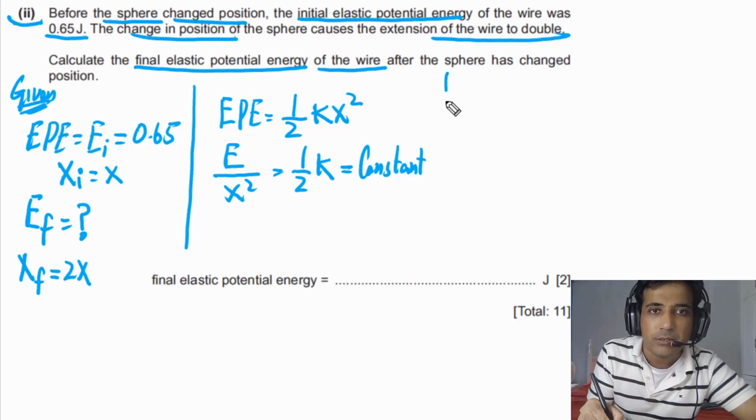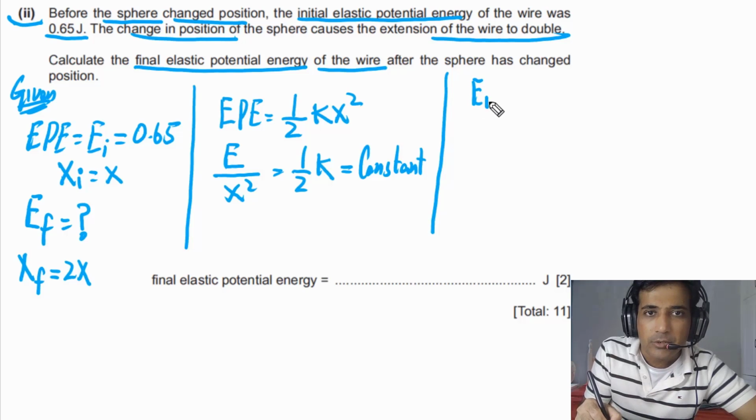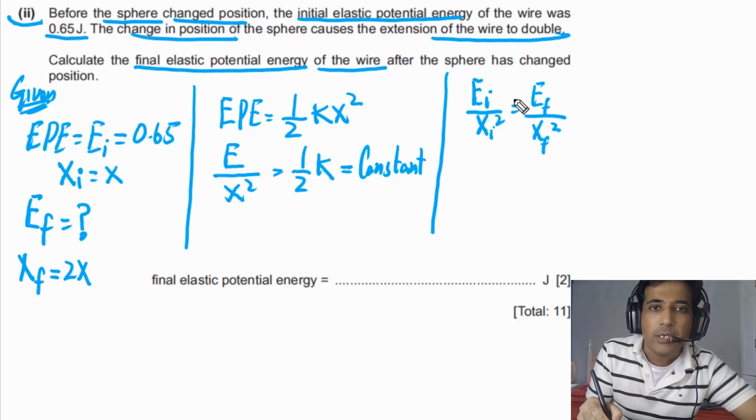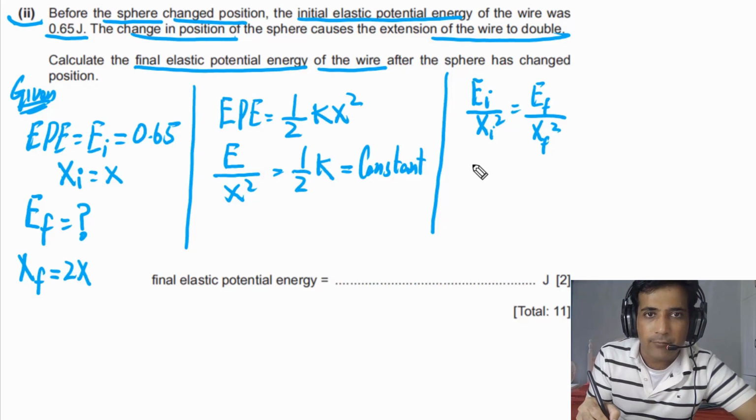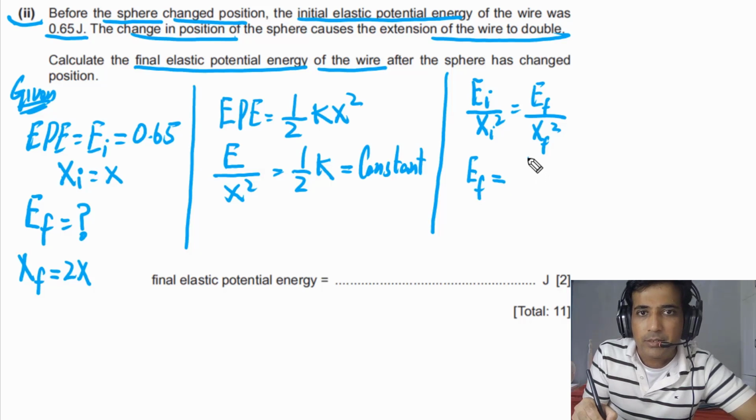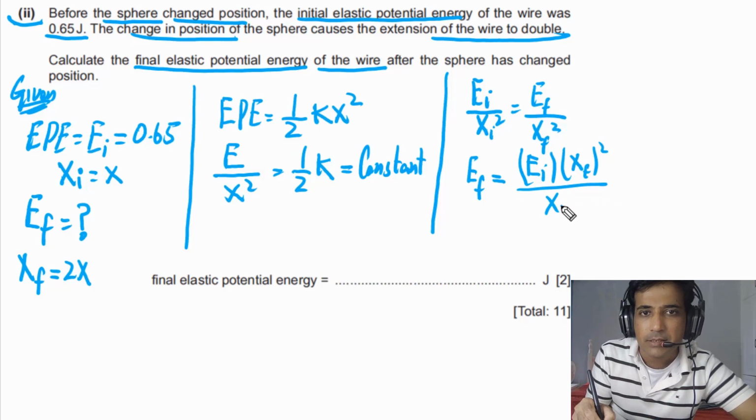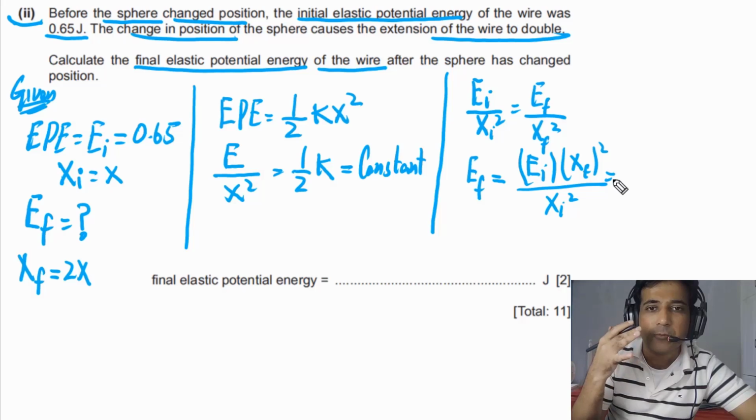Now the ratio between E_I over X_I squared has to be equal to E final over X final squared. We need to calculate E_F, so we can rearrange. So final elastic potential energy will be equal to initial elastic potential energy times X final squared divided by X initial squared.